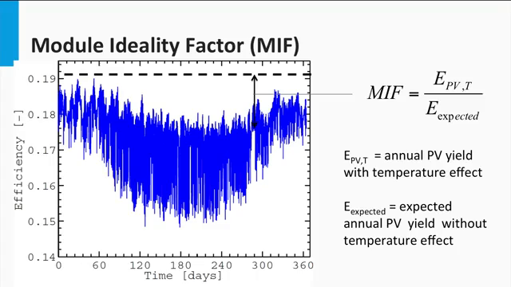This is nothing but the ratio of the expected PV yield to the yield actually available, taking into account the temperature effects. If the module ideality factor is 80%, that means that the module has lost 20% of its annual energy yield due to temperature effects. If the module ideality factor is 100%, that means the module is immune to temperature changes.